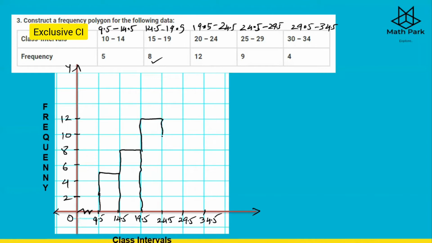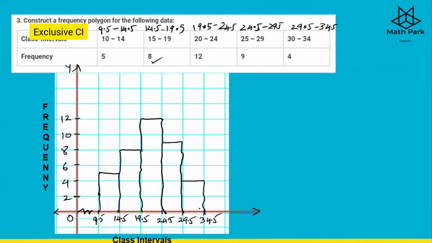So we do this. From 24.5 to 29.5, it is 9. 9 is exactly midway between 8 and 10. And from 29.5 to 34.5, it is 4. So we are done with our histogram.